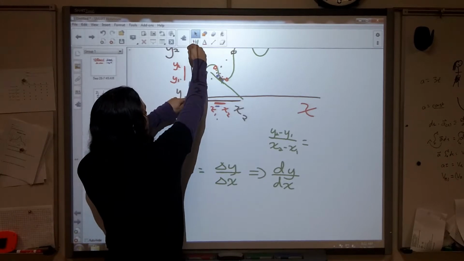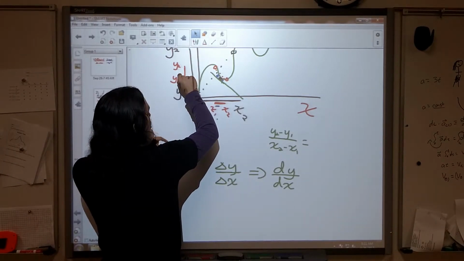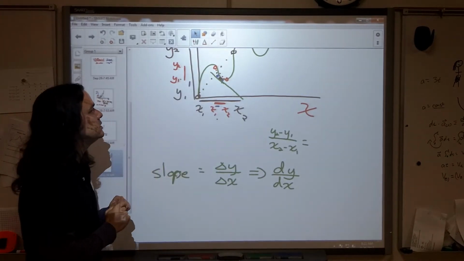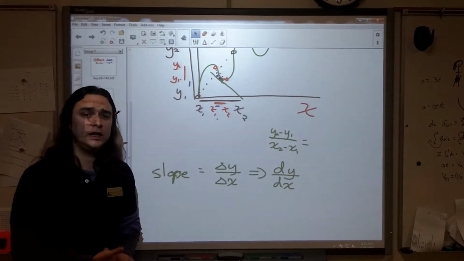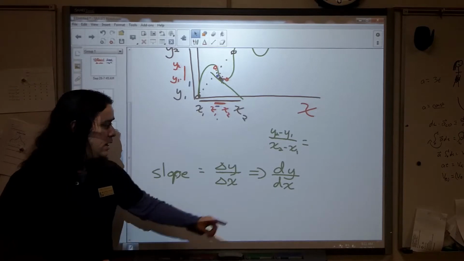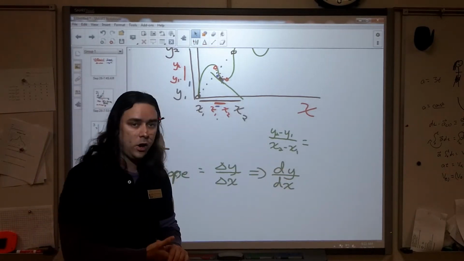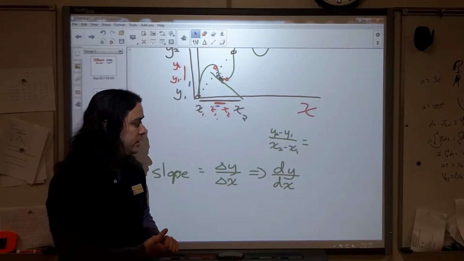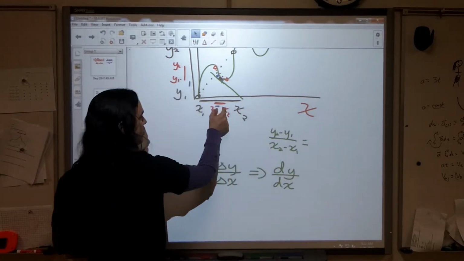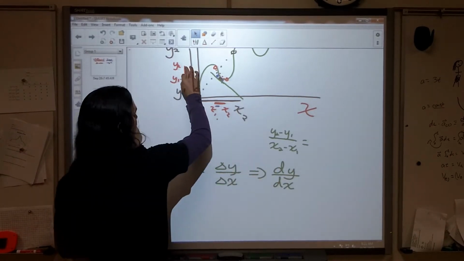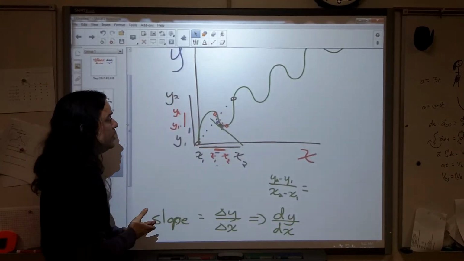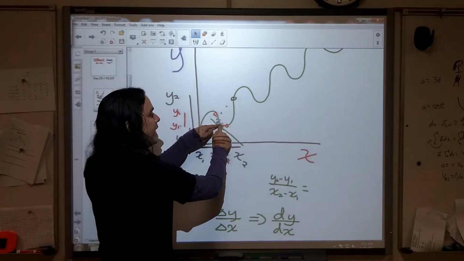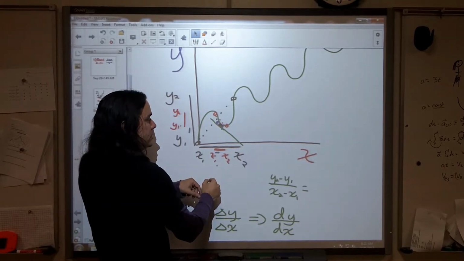Instead of a delta y, we've shrunk it down to an infinitely thin piece of y, dy. When you see these notations in calculus, d followed by the variable is telling you that you are dealing with an infinitely small piece of x and an infinitely small piece of y. And the reason we're doing that is because that's what will get us the slope at this point.